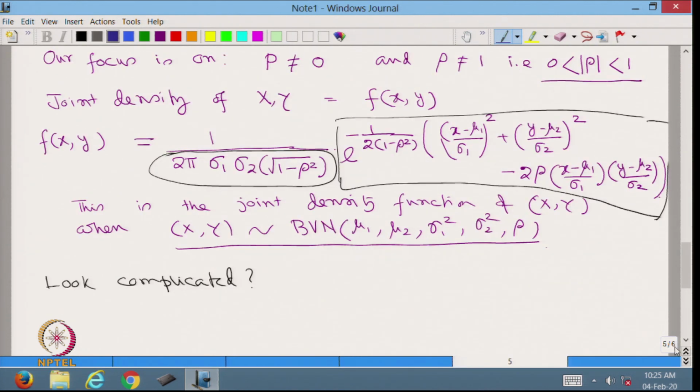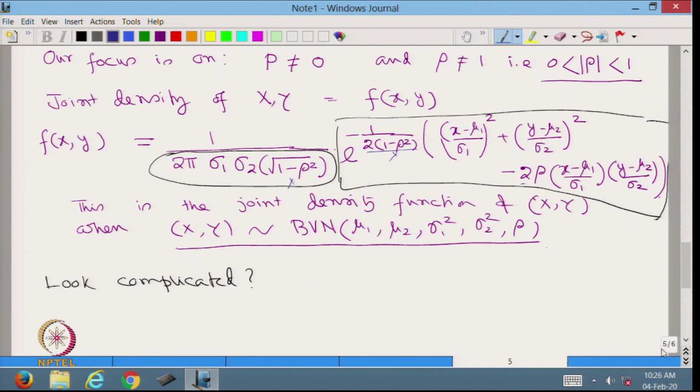Now, let us look at this formula. We know that if x and y are independent, then correlation between them is 0. Therefore, this term becomes 1, this becomes 2 into 1 is equal to 2, and this becomes 0.